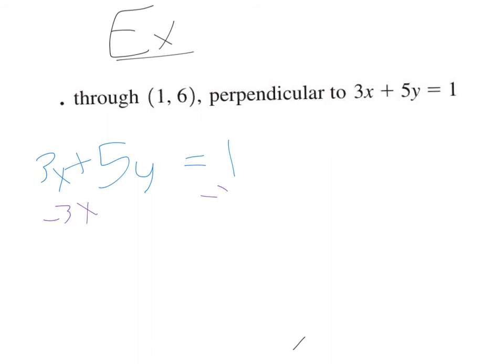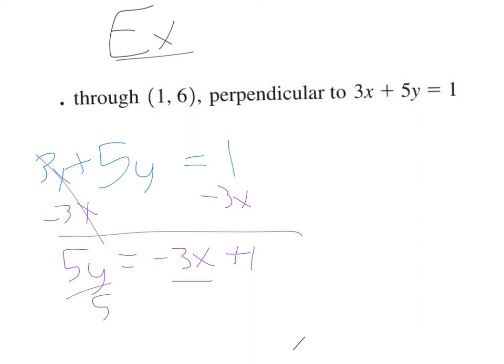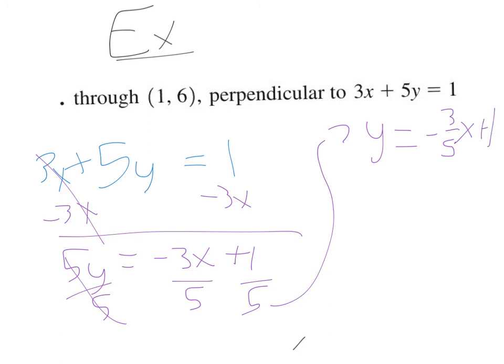Subtract 3x from both sides. So 5y equals negative 3x plus 1. Divide by 5. So y equals negative 3/5 x plus 1.